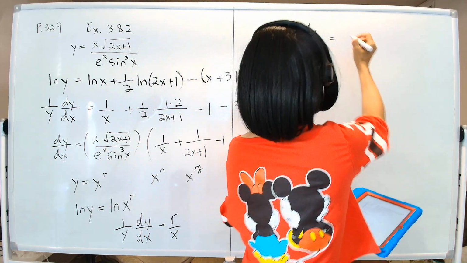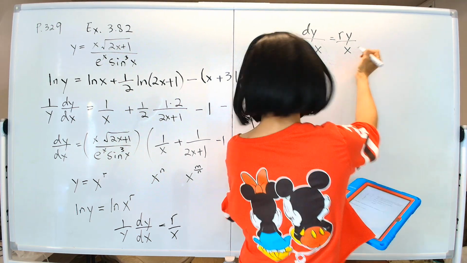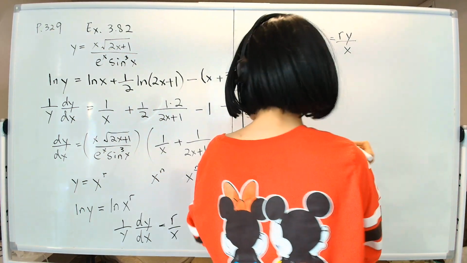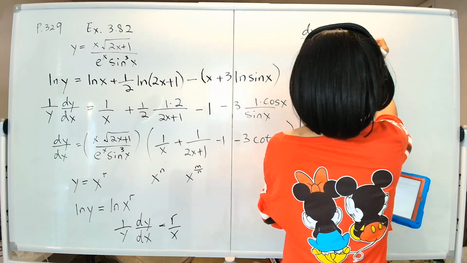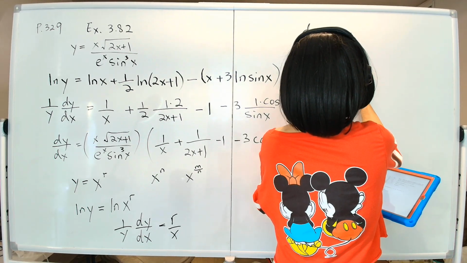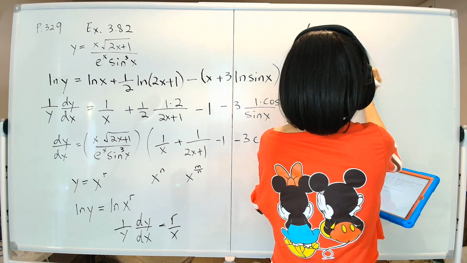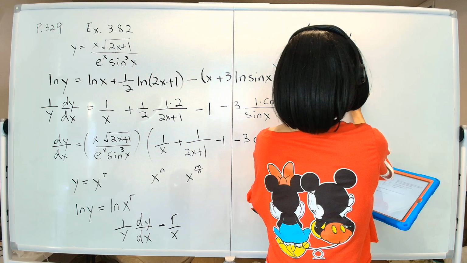y times the number r over x, which is, what was y again? y is x to the power r, which is x to the power r divided by x.